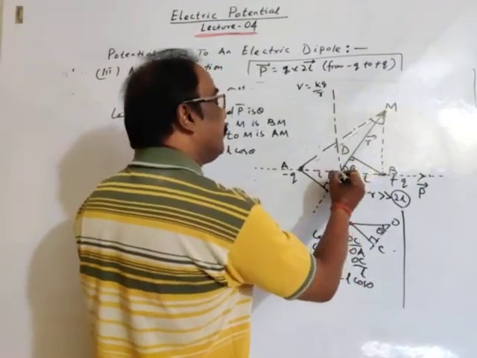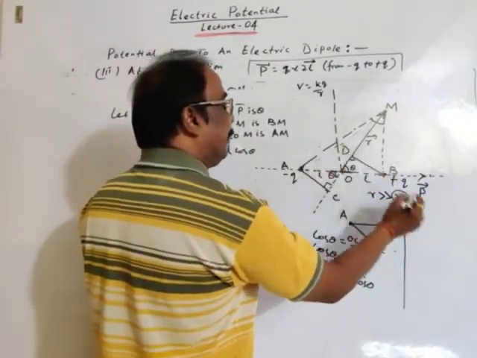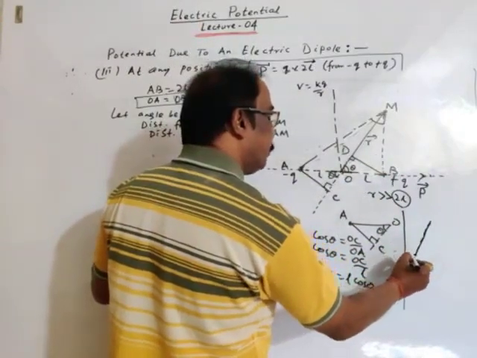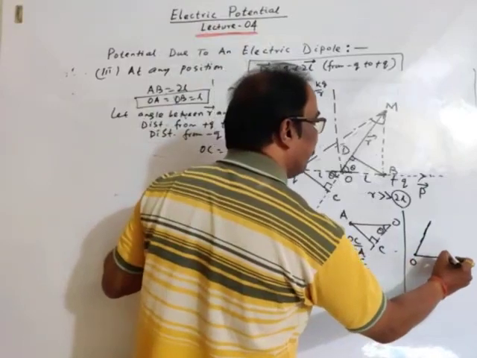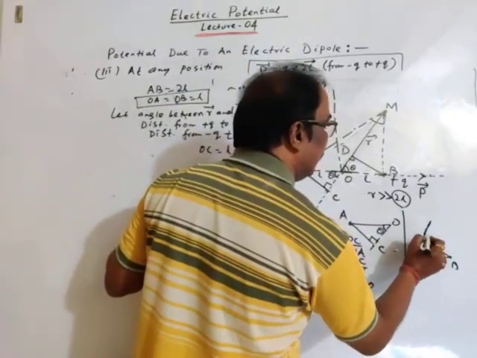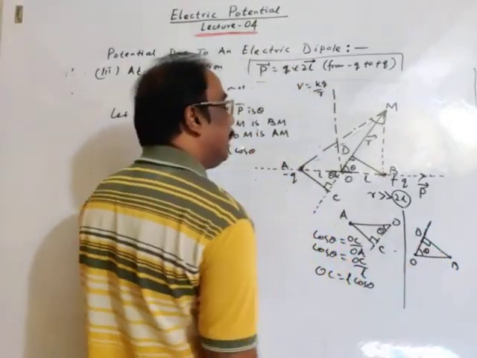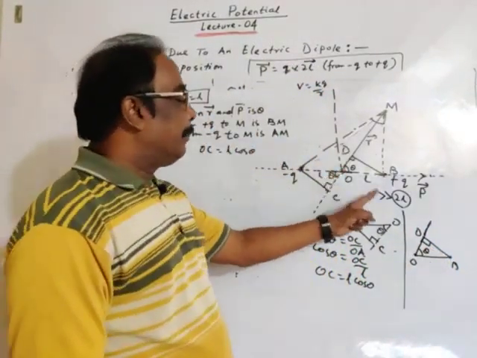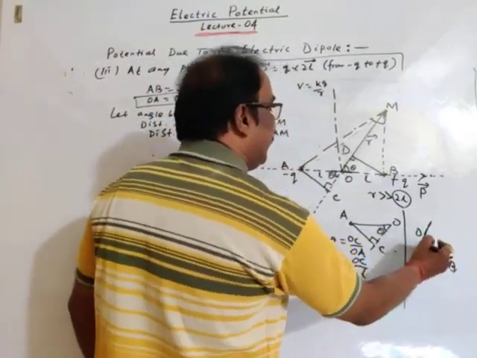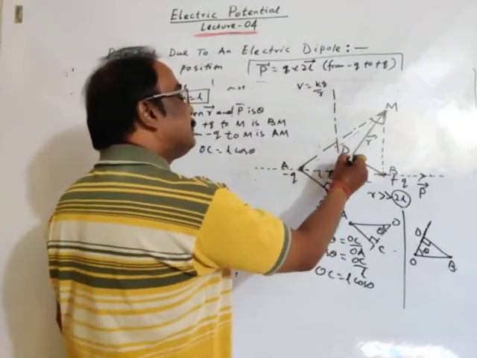Similarly, from the right angle triangle OBD, see. This is O, this is B. Draw a perpendicular. This angle is 90 degrees and this is D. This angle is theta. From right angle triangle OBD, this is theta, this is 90.